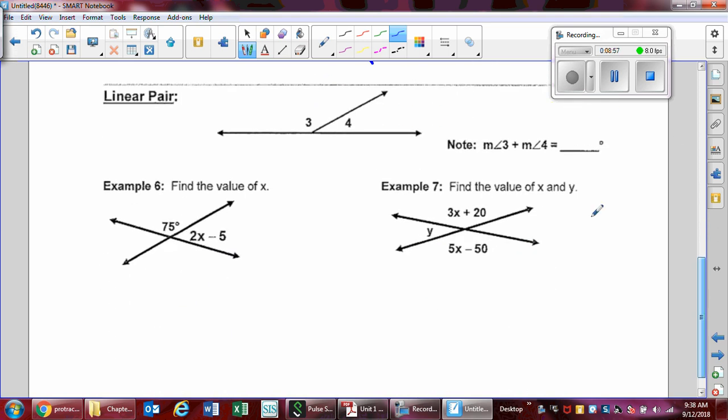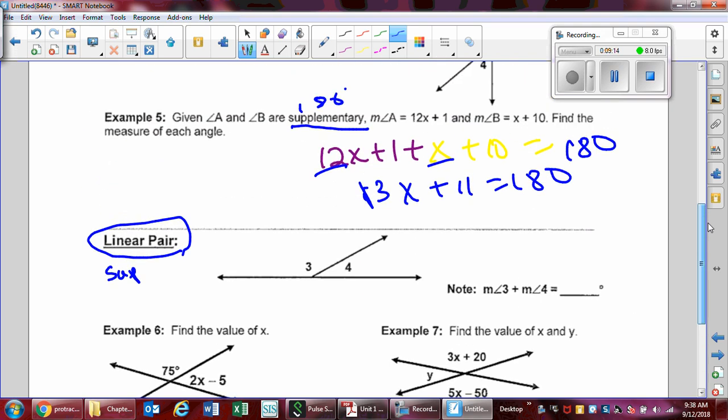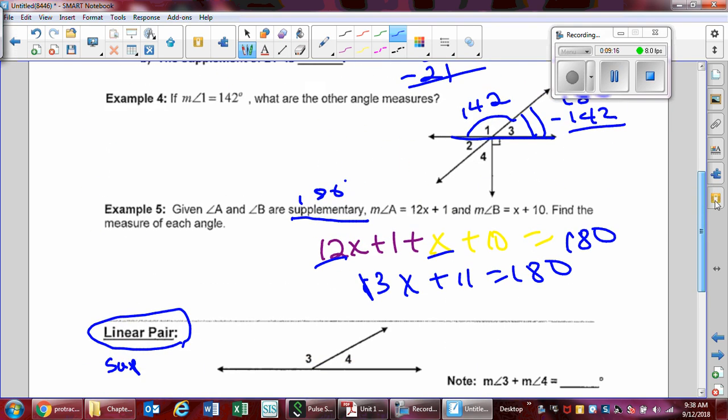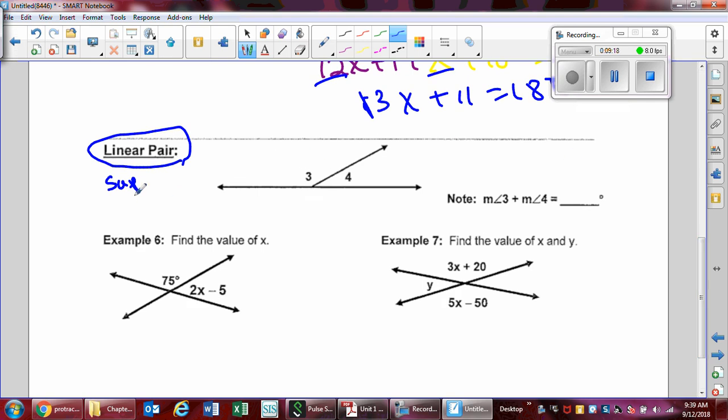All right, the last part of this note, I know I feel like I'm rushing through it, but it's more definitions, that's the reason too. Linear pair. A linear pair is supplementary angles, but the only difference is that for supplementary, it can be two separate angles.